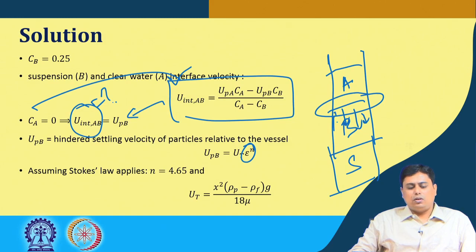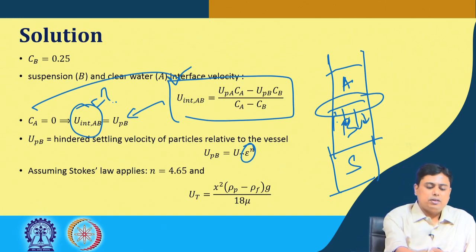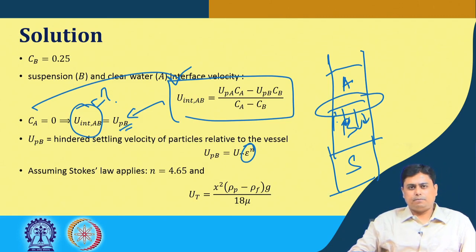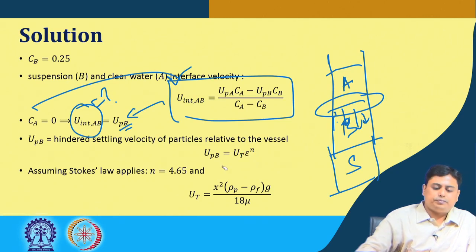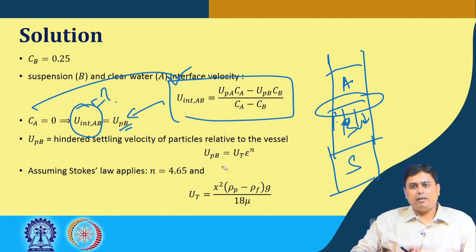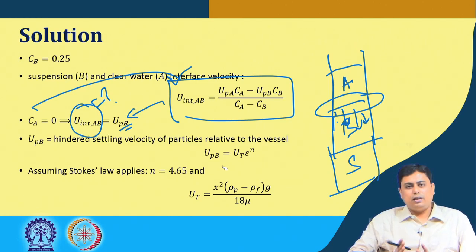To have that, we have to calculate this UPB, which is the hindered settling velocity: the single particle terminal velocity multiplied by epsilon to the power n, where epsilon is the void fraction, or the volume fraction of the fluid. Now, if this operation is happening in the Stokes law region, then this value of n is 4.65.